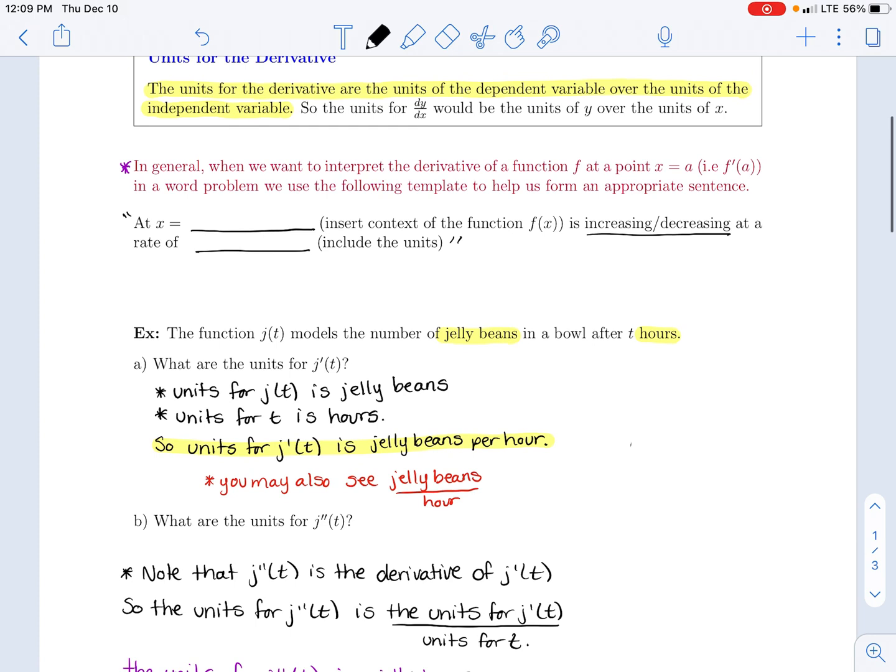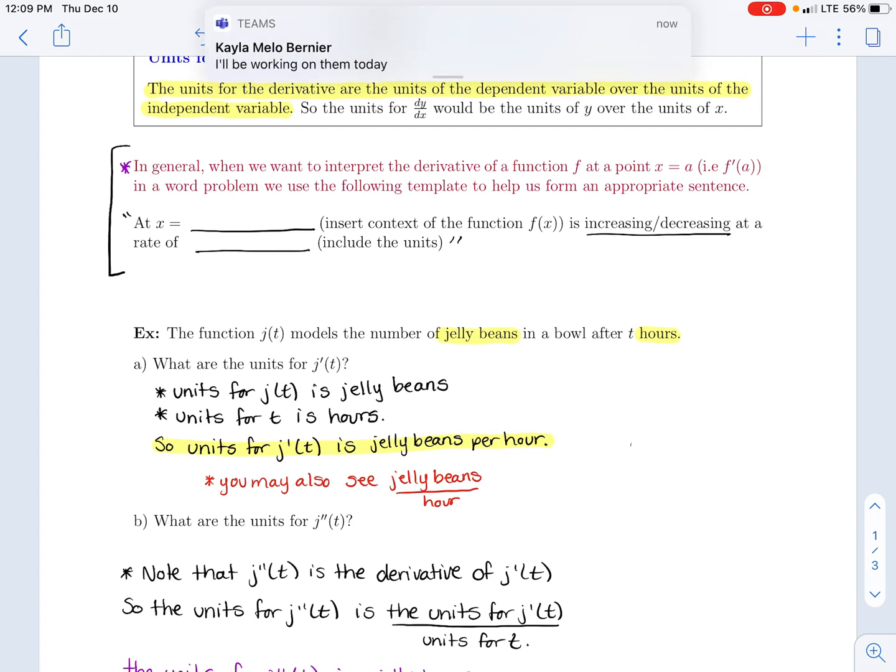Here, I give you the general idea of how to form a sentence and interpret the derivative of a function at a point. In general, when we want to interpret the derivative of a function f at a point x equals a in a word problem, we use this template to help us form an appropriate sentence.